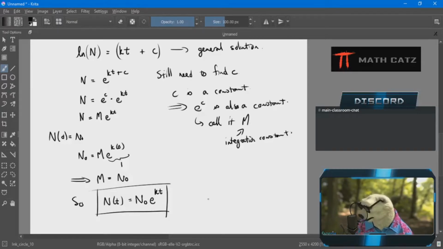And this is why they call it exponential growth, because it's an exponential function. I'm going to start with some initial population size, and then it's going to grow exponentially, having some growth constant k adjusting the curve a little bit, but regardless, it is an exponential function.